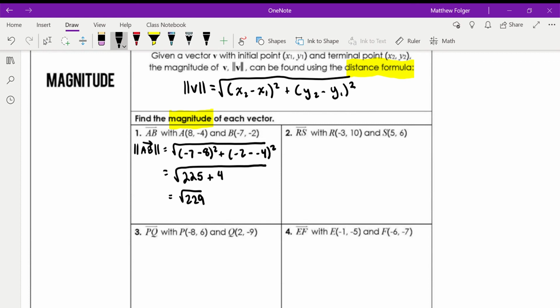Now, we may be able to reduce that, to break this down a little bit. So let's see. So that's 229. What are some perfect squares that might go into it? Let's try 81. No. Let's try 64. No. Try 49.